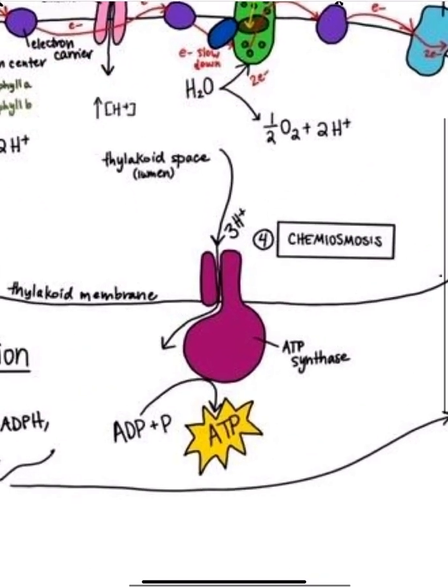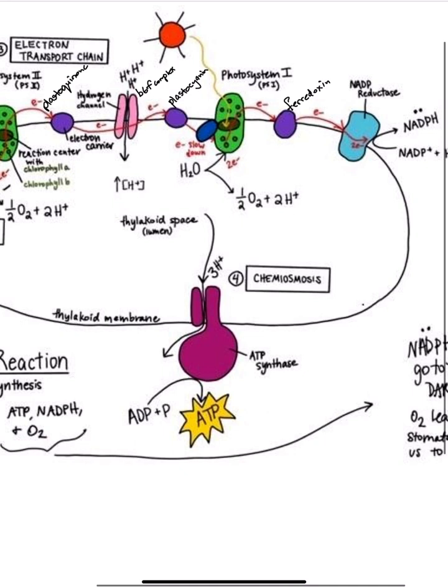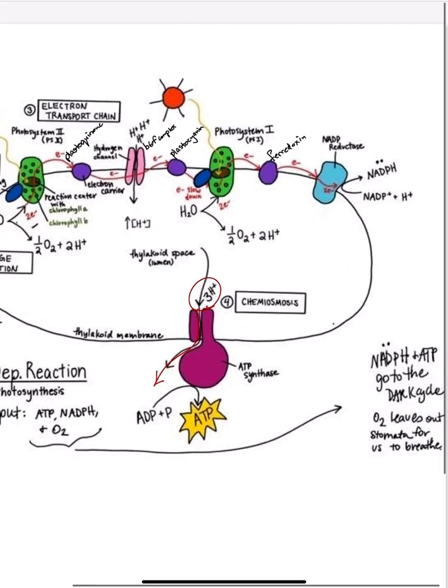Now step 4 follows this, and this is known as chemiosmosis. So we said that this high gradient of protons that are existing here in the thylakoid space is important. If we now pump 3 of these hydrogen ions through the ATP synthase pump, we can produce 1 molecule of ATP. So for every 3 that pumps through this ATP synthase, we can make 1 ATP molecule.